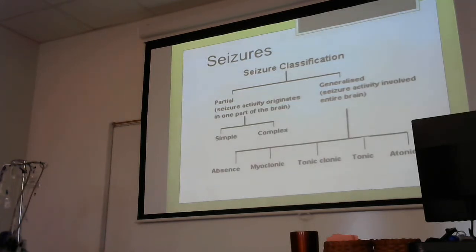Tonic is a stiffening. Clonic is a rhythmic jerking. Tonic clonic, of course, is the combination, what we see with the grand mal seizures. Myoclonic is typically an extremity group that you see that rhythmic jerking.